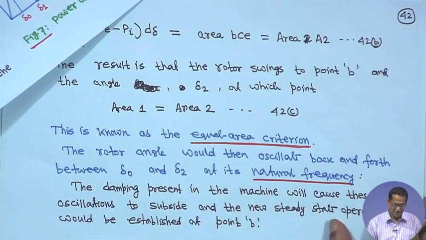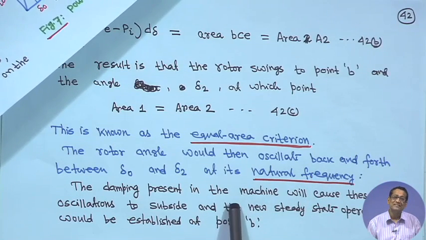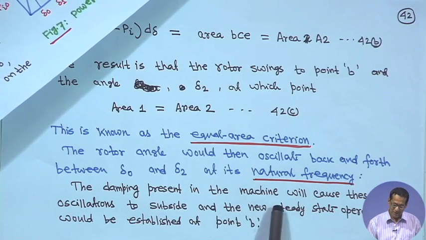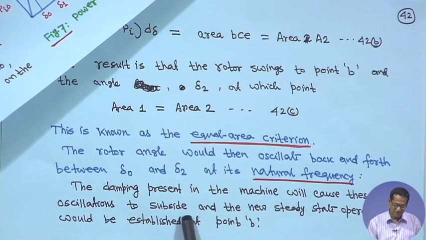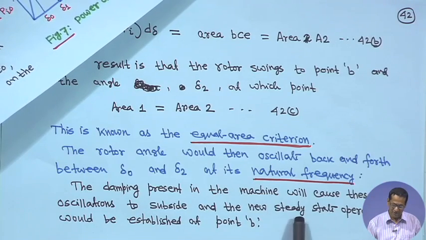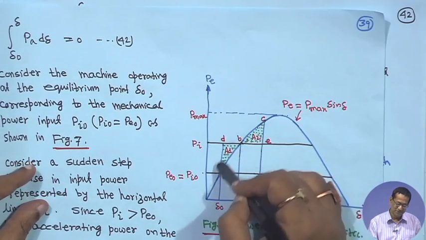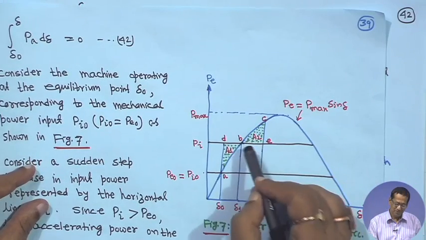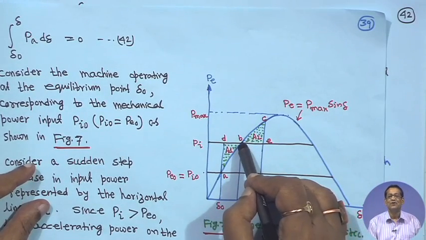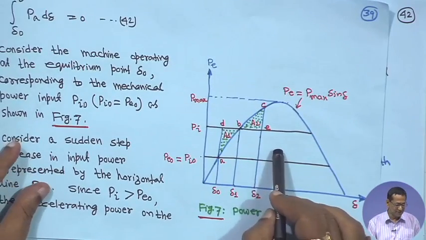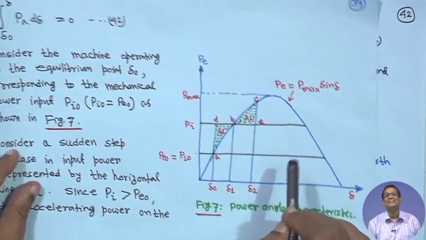The damping present in the machine will cause these oscillations to subside, and a new steady state operation would be established at point B. After some time it will be stable at this point B. This is called the equal area criterion.